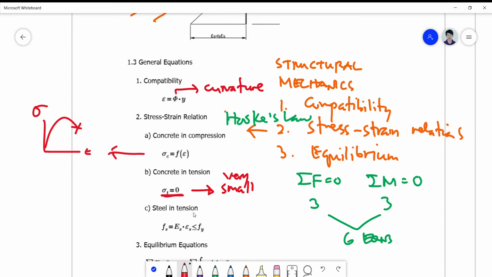But the tension for steel is big, so we again use Fs on the basis of Hooke's law, that your stress is proportional to strain. So this is simply a formula using Hooke's law.